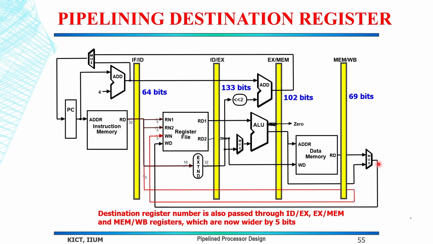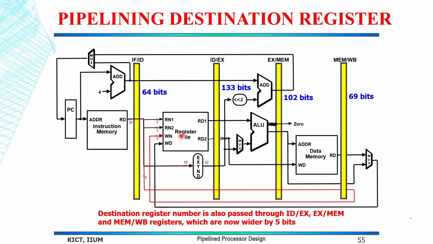So where did this problem come from? In a pipeline processor, the destination register is known in the ID stage here, which is 5 bits: bits 11 to 15 for RD, or bits 16 to 20 for RT. It depends on which destination register is being used.